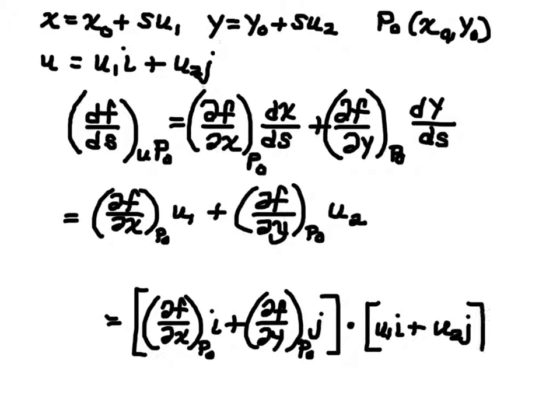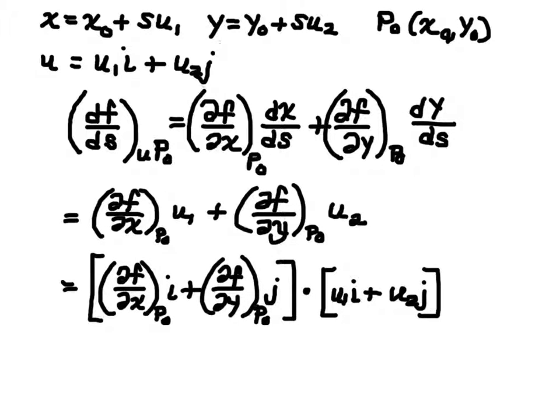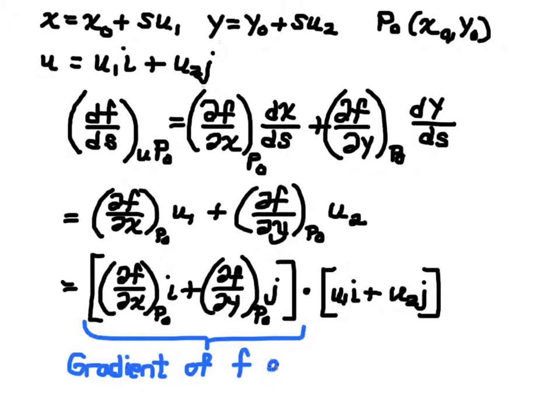So here we're using the dot product. And what we have is that this first piece here, that is the gradient of f at p naught.